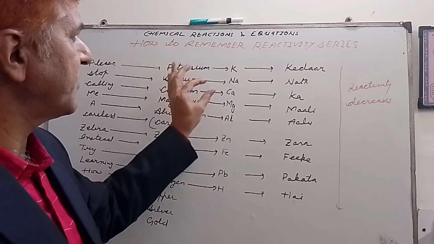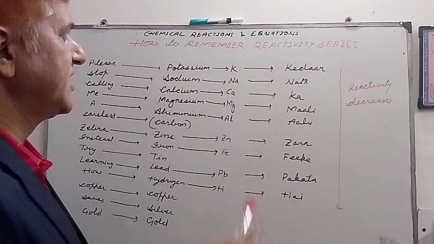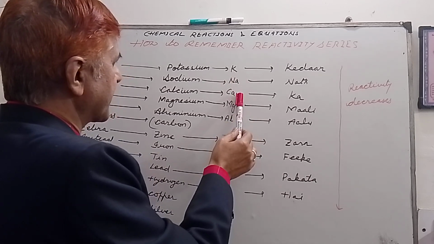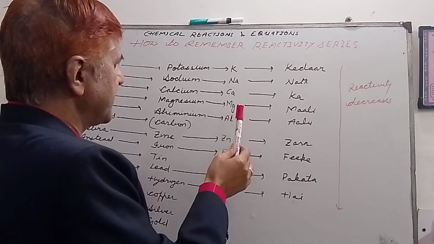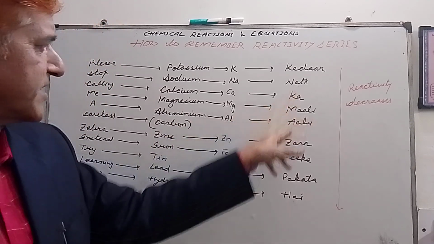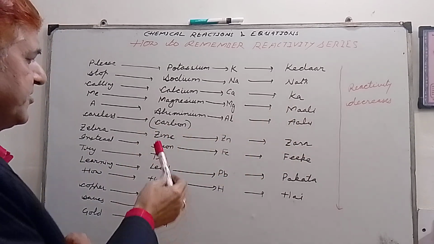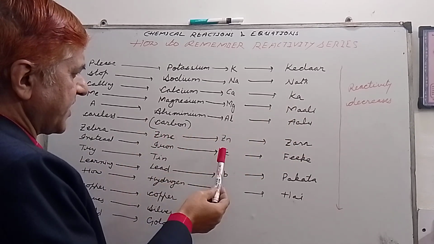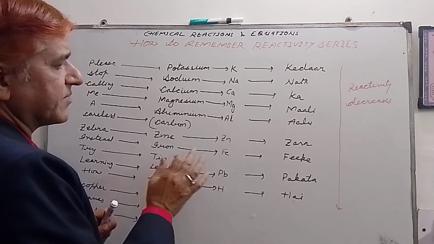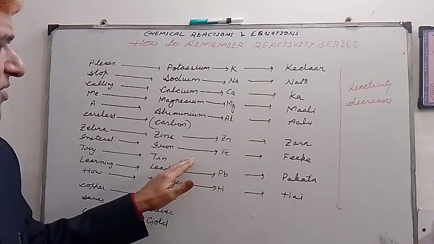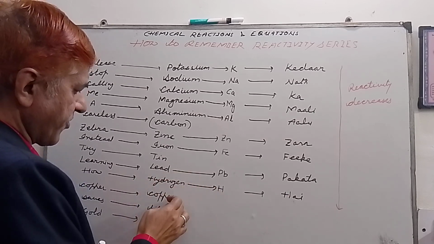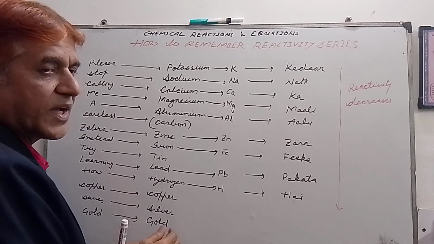You will not write potassium, you will write K. K stands for potassium, Na for sodium, Ca for calcium, Mg for magnesium, Al for aluminium. Here in the Hindi sentence carbon is not included. Zn stands for zinc, Fe for iron, Pb for lead, and H for hydrogen. Remember, in Hindi tin is not included. Copper, silver, gold you have to remember as it is.